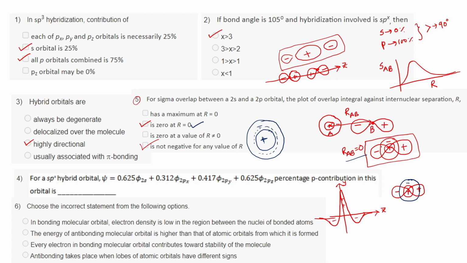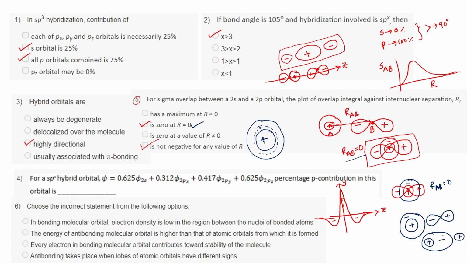So this is one case when RAB is 0. Then at a certain distance, this is minus, this is plus. They will overlap, and overall there is a plus lobe.